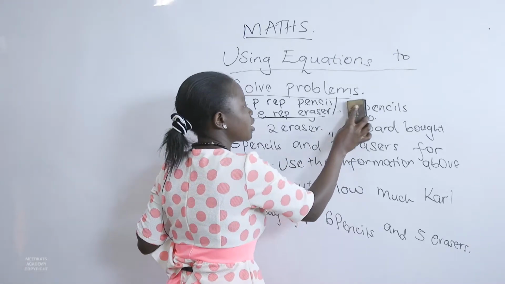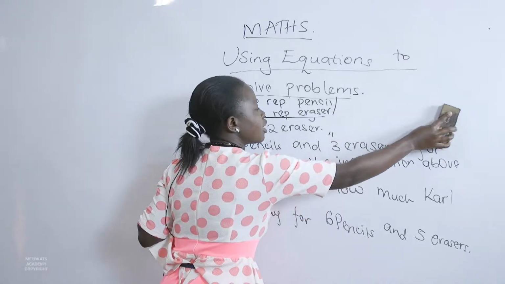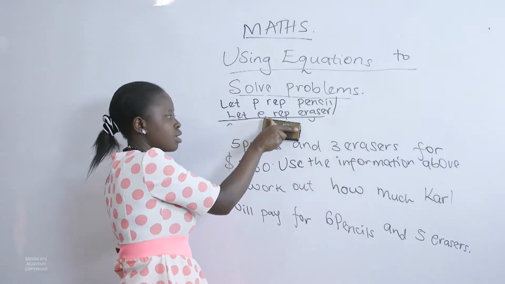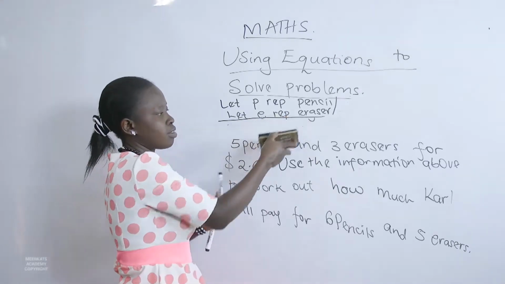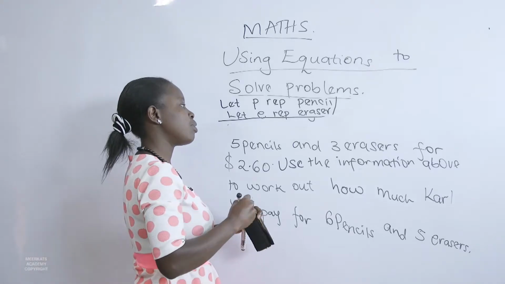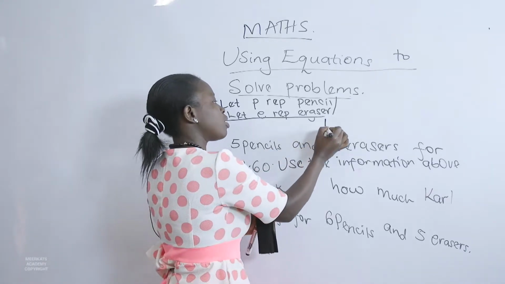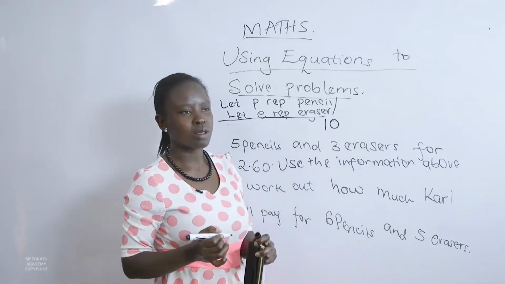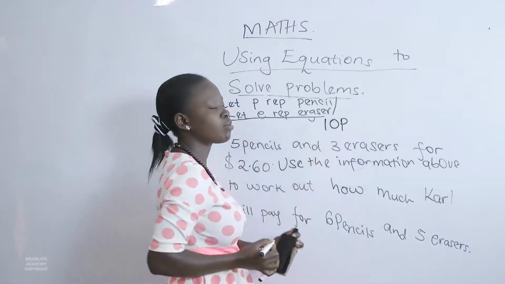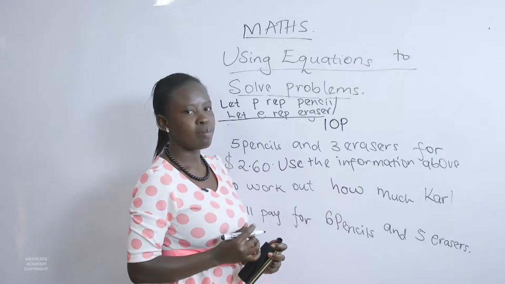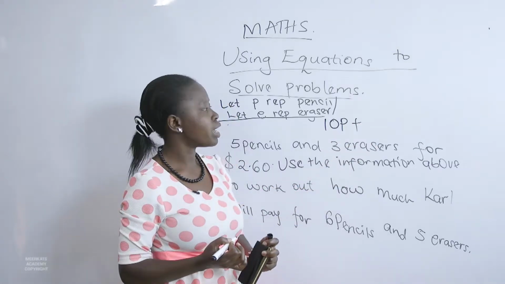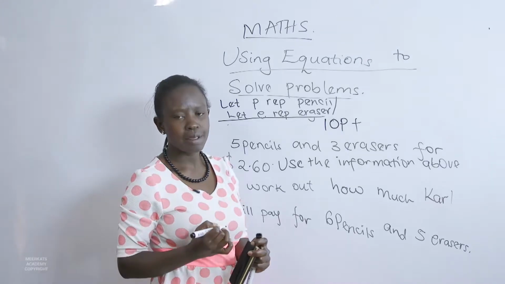So we have Sylvia, keeping in mind that Sylvia is buying 10 pencils and 2 erasers. So we write an equation for that. So we have 10 pencils, the price of 1 pencil is P. So that means 10 pencils will cost 10 times P, which is 10P. Then plus, she buys 2 erasers.